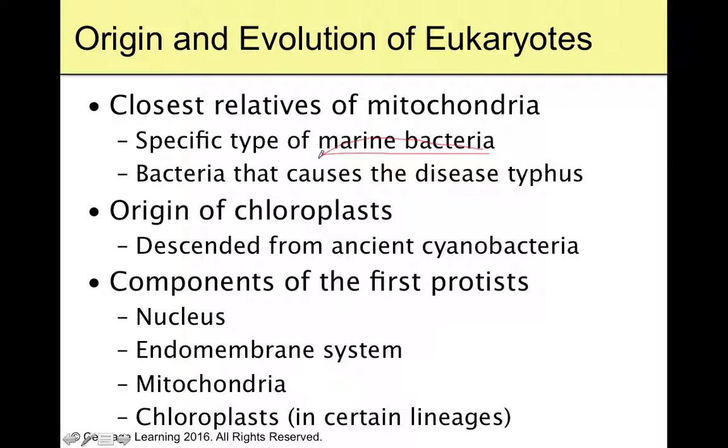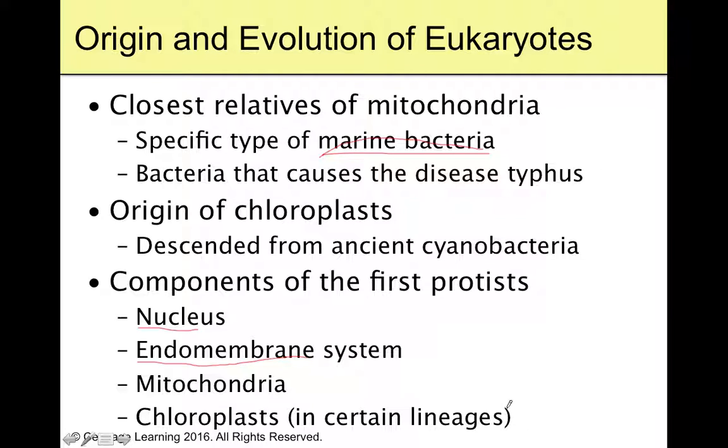The chloroplasts, of course, make oxygen, so they must be derived from cyanobacteria. Then components of some of our first protists start to show up, like a nucleus and the endomembrane system we just talked about. And then thanks to eating a few of his neighbors without truly eating them, we get mitochondria and chloroplasts. Once you have all these things, you have the modern day cell.